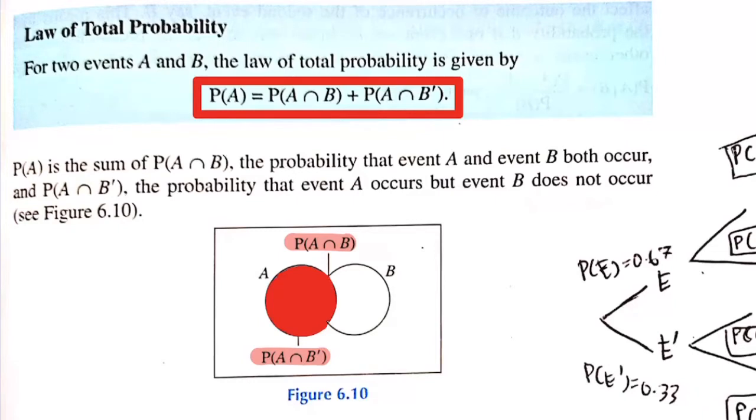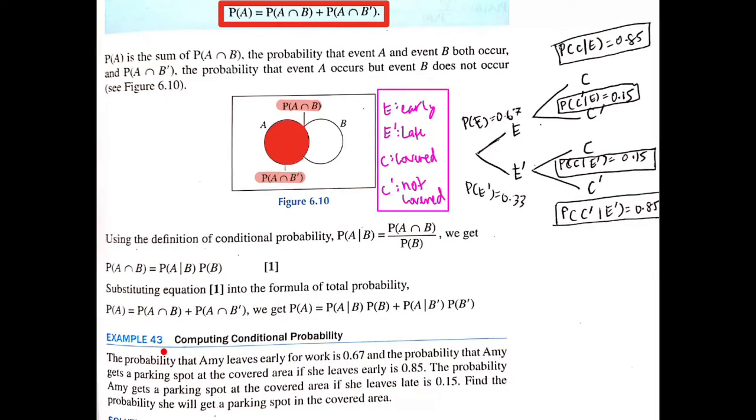We can also use the law of total probability with a tree diagram. Let me demo from this example here, example 43. This is the perfect demo for the law of total probability. The probability that Amy leaves early for work, note the keyword early, is 0.67.